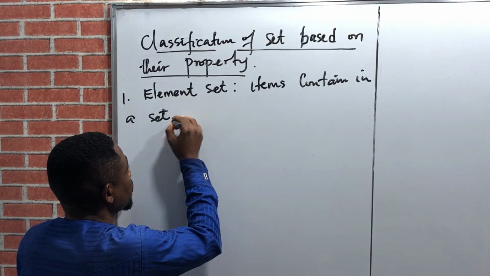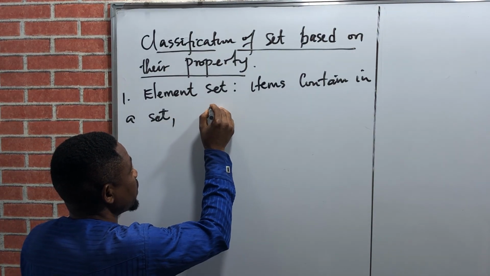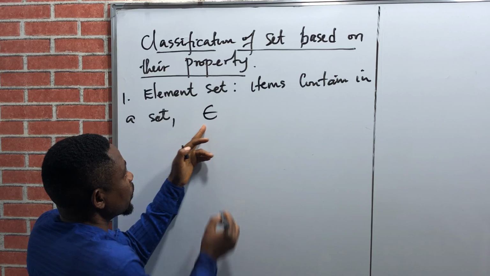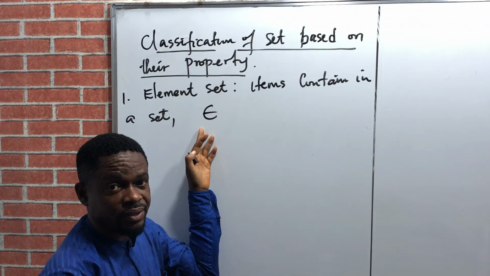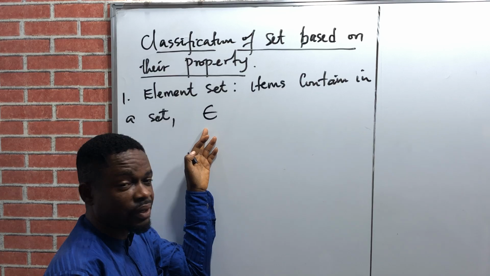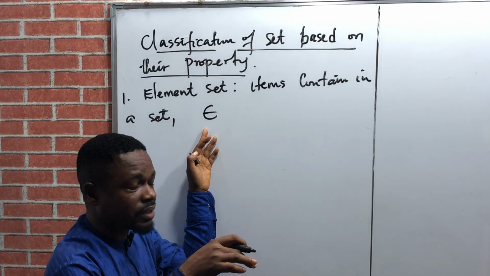The symbol to represent an element is like this. Look at the symbol. Anytime you see this, we call it an element, or in other words, a member of the set.